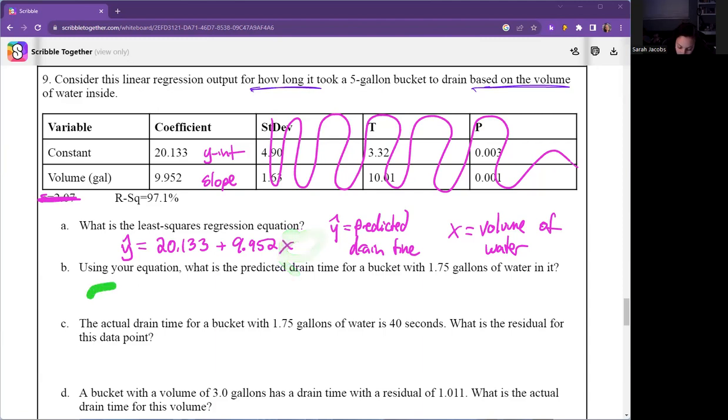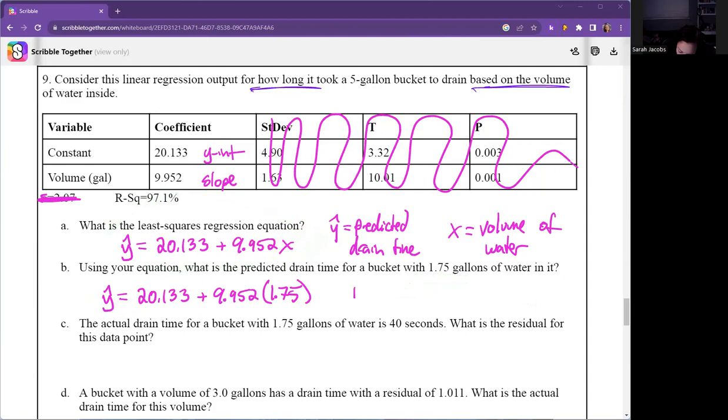All right. Using your equation, what is the predicted drain time for a bucket with 1.75 gallons of water in it? Great. We're just going to plug 1.75 in. I'm going to be a little lazy there and duplicate it. And instead of the x, I'm just going to put in 1.75. So this would be 20.133 plus 9.952 times 1.75.